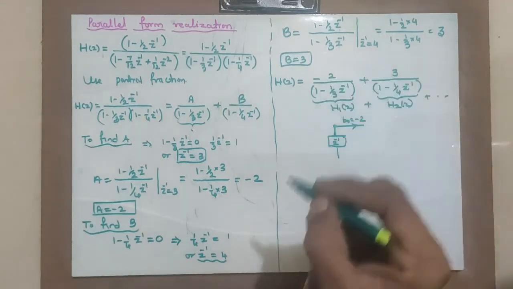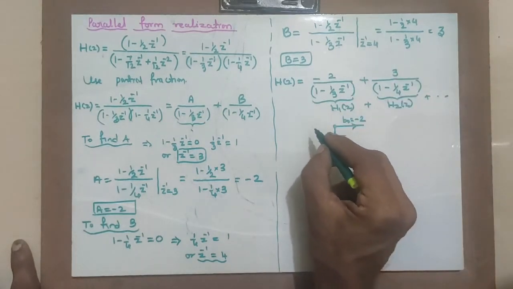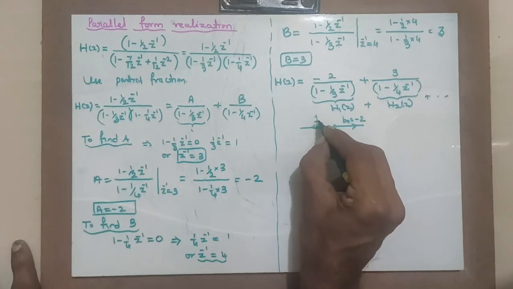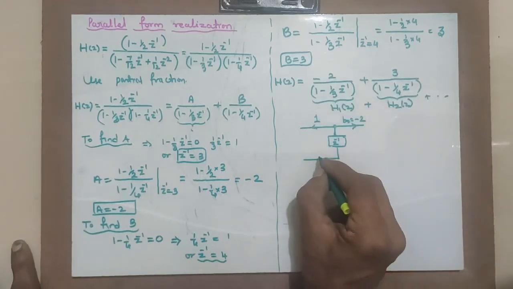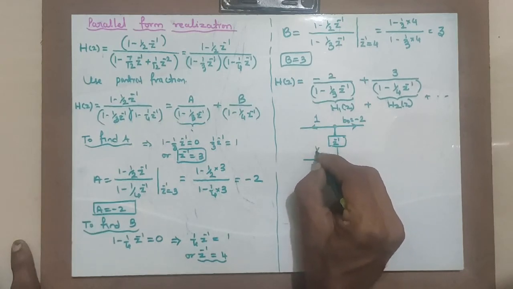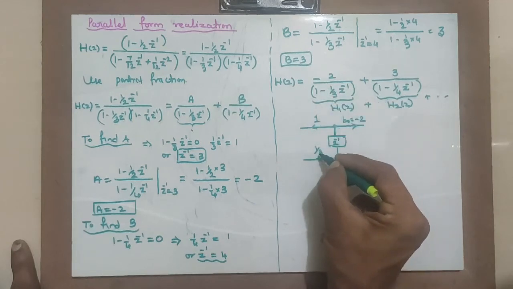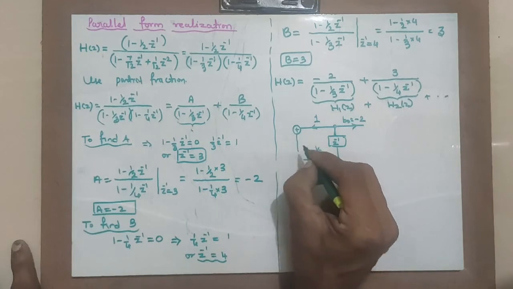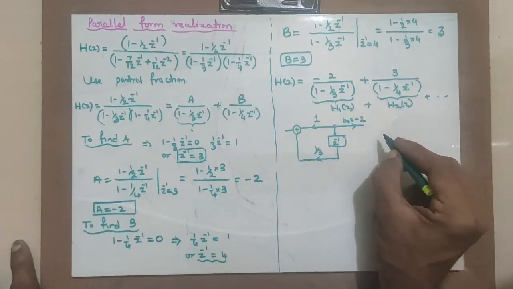No further terms are there. And on this side it is 1. Next, minus 1/3 is there. You have to put minus of minus 1/3; please note this important point. Minus 1/3 becomes 1/3. One summing point. Keep it there.